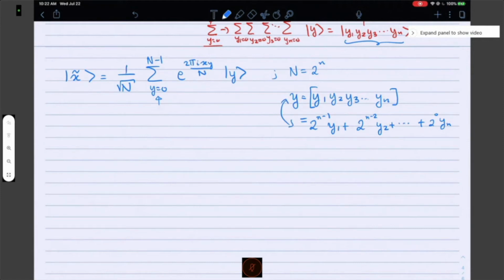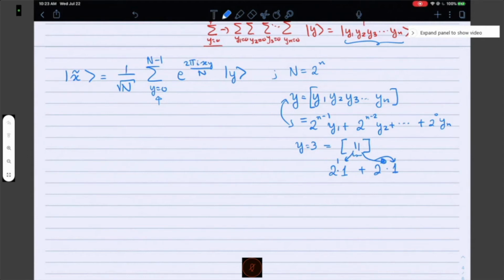So for example, if y is 3, that's in binary 1, 1. So these are 2 bits, right? That's 2 to the power of 1 times that 1 plus 2 to the power of 0 times the second one. So this is the kind of notation that we're writing down.